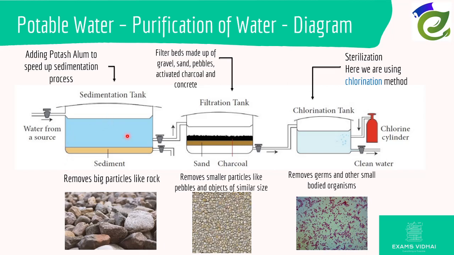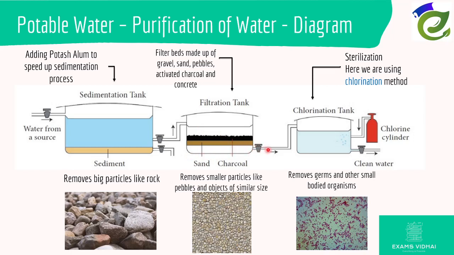Here is the same scenario. So you only take the upper, more or less clean part, and take away the sediment part later from this tube. After taking the more or less clean part, you go through this filtration tank where it's layered with charcoal and sand, and then in this lower part you will get much clearer water.